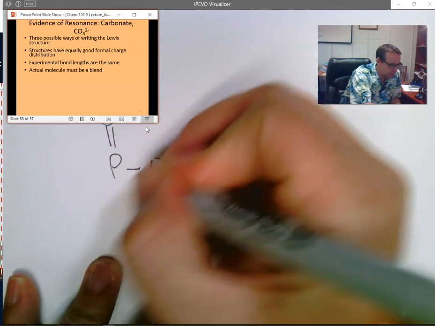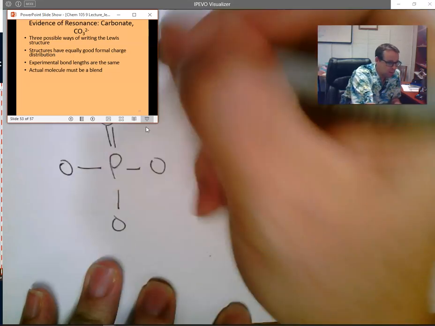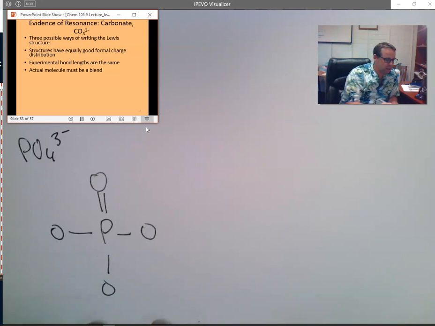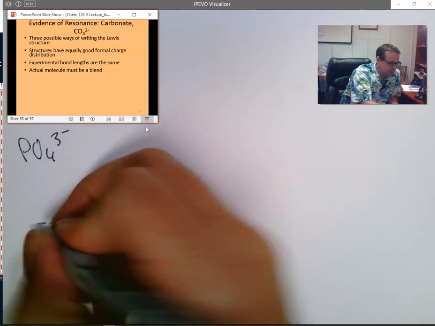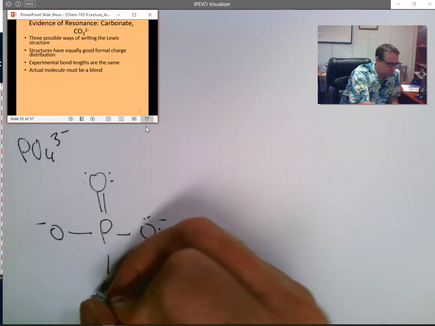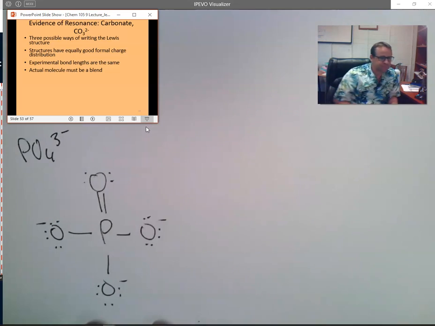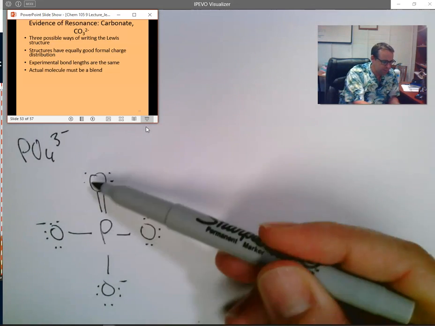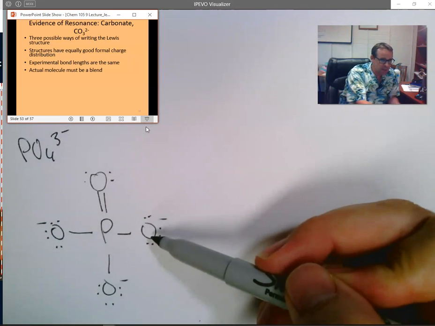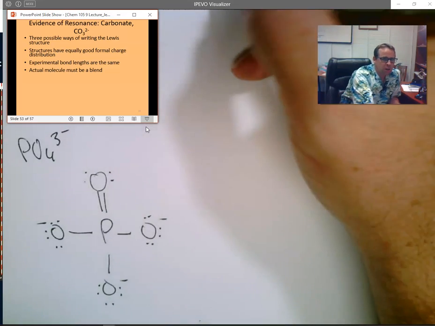So, for example, if we were to draw the PO4 3- ion, our compound would look like this. And we wouldn't think much of it. That's that. However, there is a little bit of a difference, at least in the way we've drawn it, between this oxygen and that oxygen.